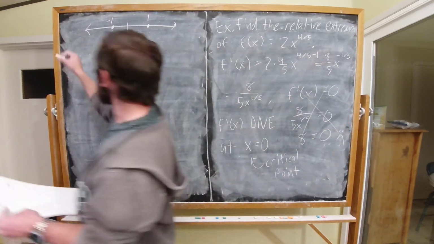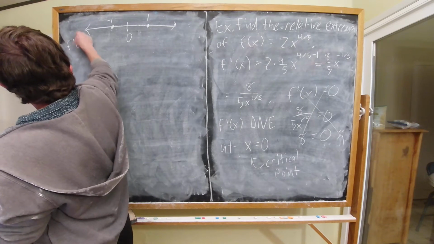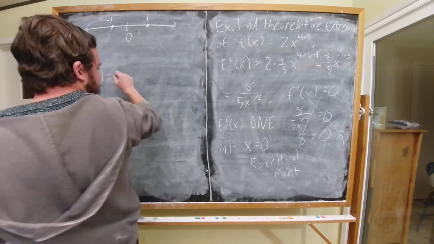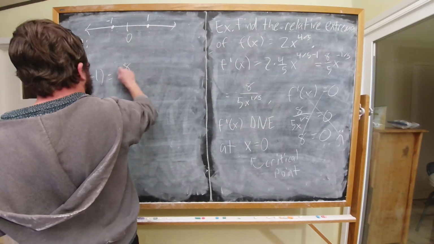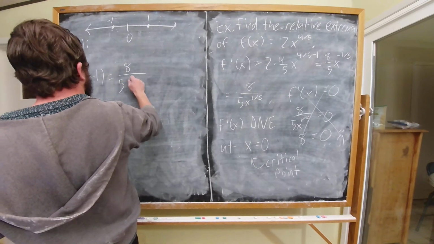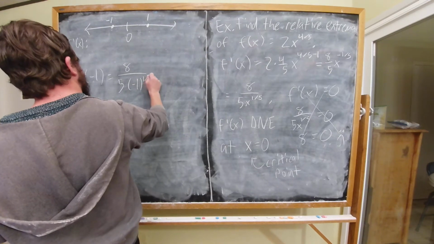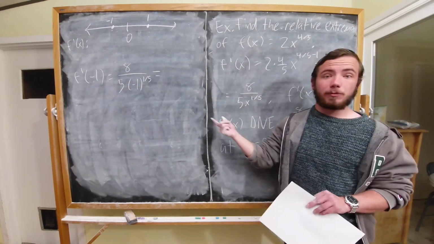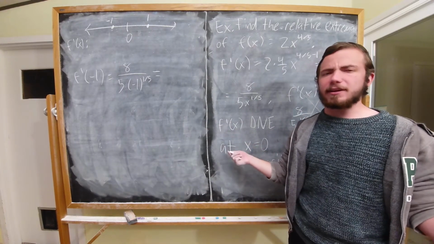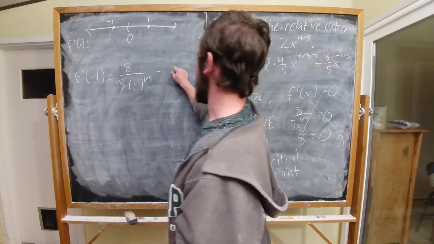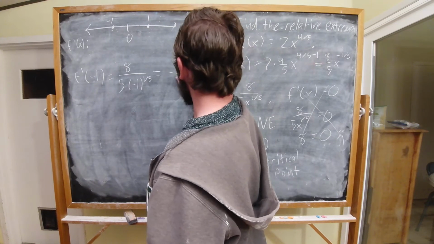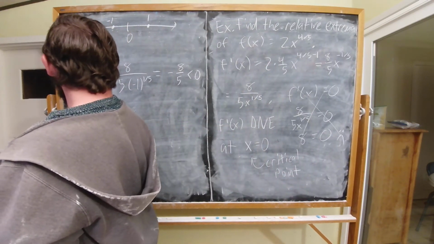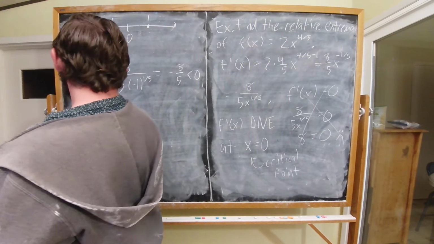On those regions, f prime of -1 is 8 divided by 5 times -1 to the 1/5 power. The real fifth root of -1 is going to be -1. So we're going to have -8/5. Less than 0. F prime of 1 will be positive 8/5, which is greater than 0.